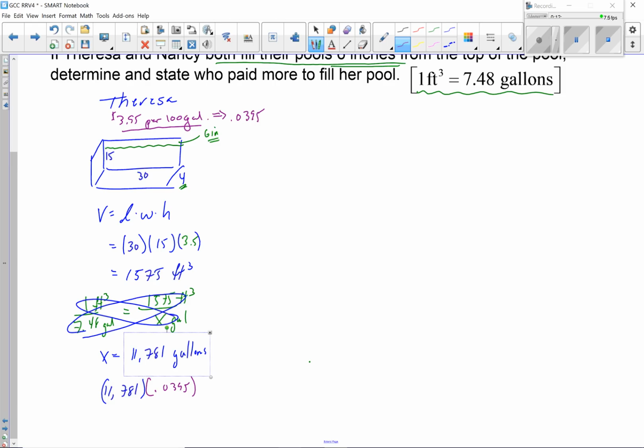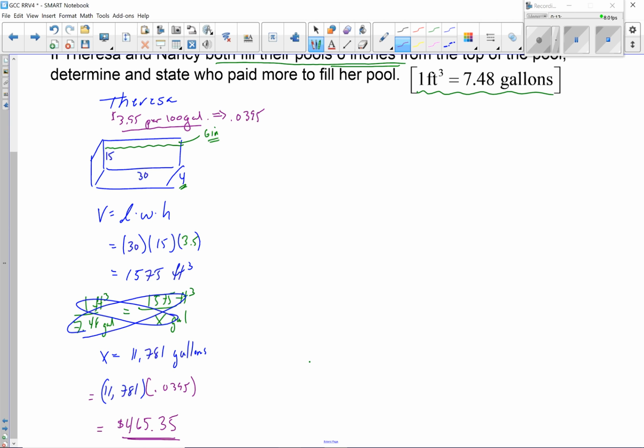That's going to get me the actual cost, and that comes out to $465.35. Again, it's money, so we automatically round off to 2 decimal places. So that's how much Teresa has spent on hers. If you're not sure how to get that 0.0395, I just divided, because I want to know what it would be for 1 gallon, to make it easier to multiply by. So this is what's going to cost Teresa.